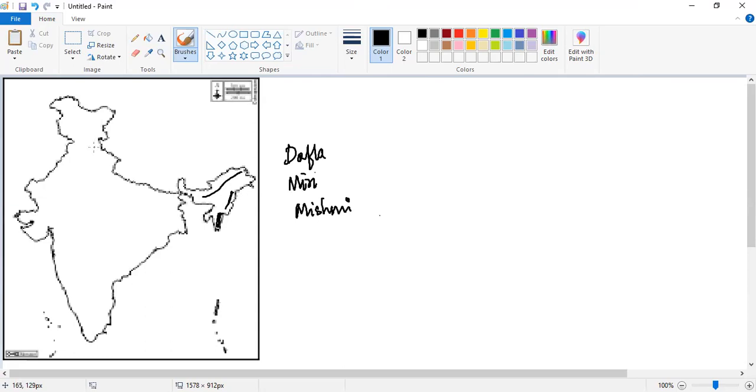And then look at this portion of Meghalaya. When compared to the other hills of the Northeast, it's not that vulnerable.